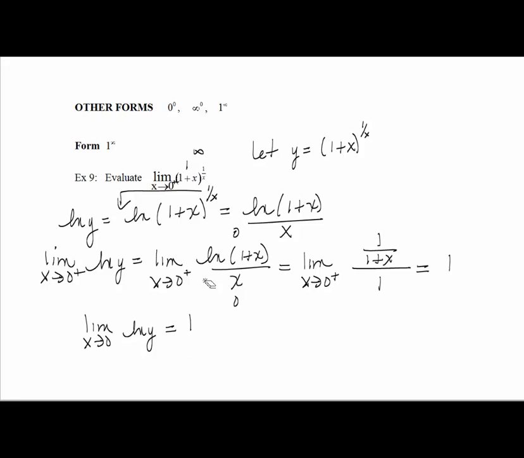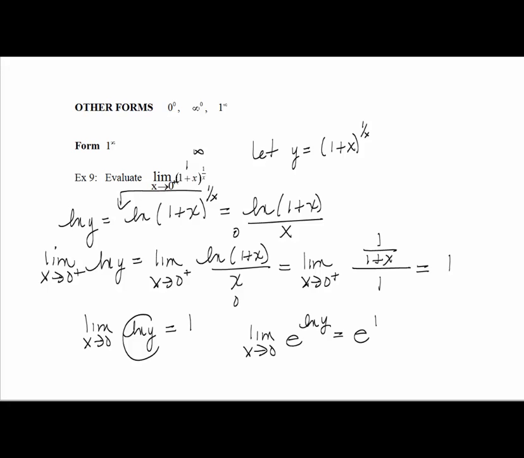So what I need to do is exponentiate each side. I would take the limit as x approaches 0 of e to the natural log of y, which would be equal to e to the 1.